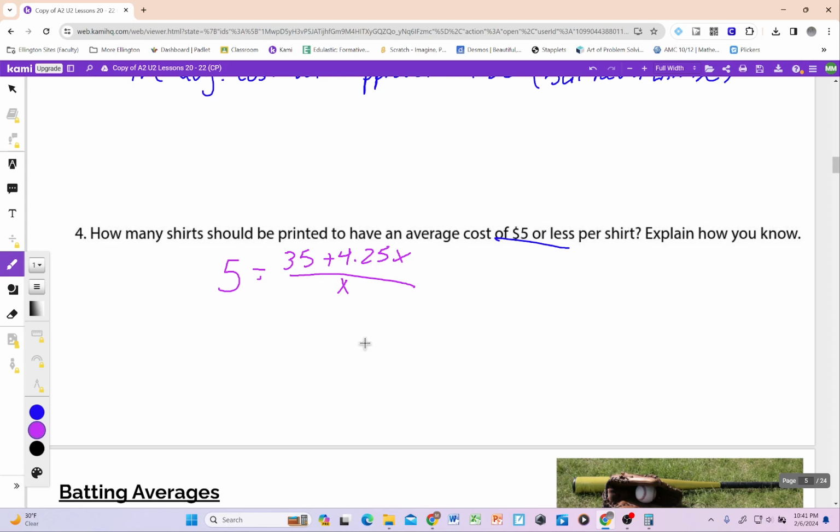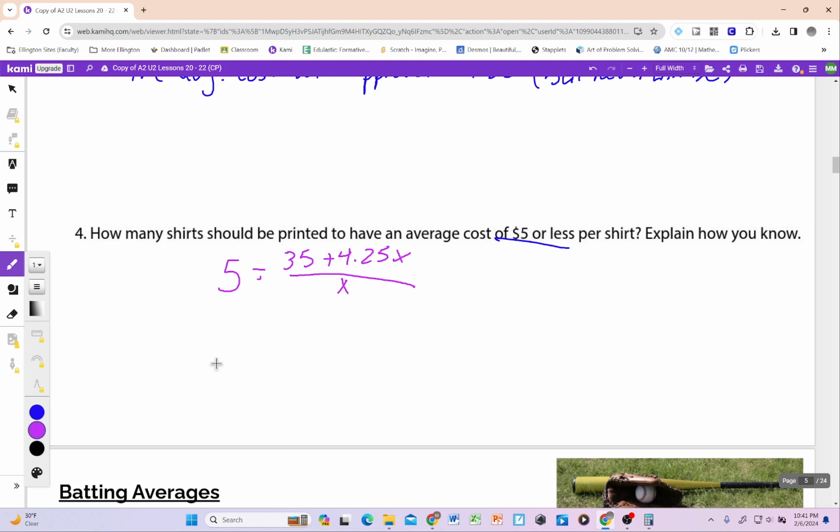No, they don't. You cannot cancel these x's out because the 35 also does not have an x. If 35 had an x, you could cancel all of them out, no problem. So the one thing about x's is if you have a variable, or not just x, but any variable in the denominator, any factor that's there has to divide out of every term in the numerator in order to be able to be removed from the expression.